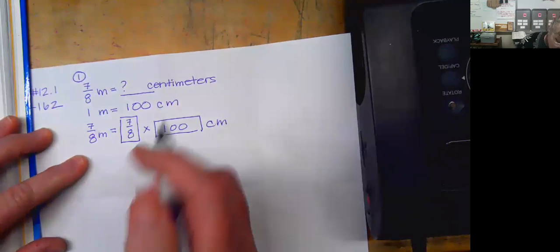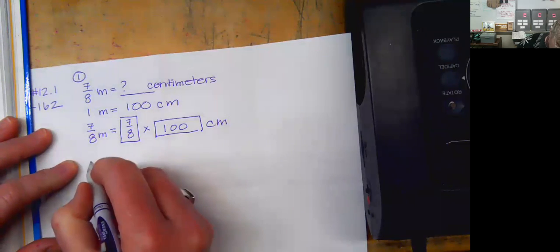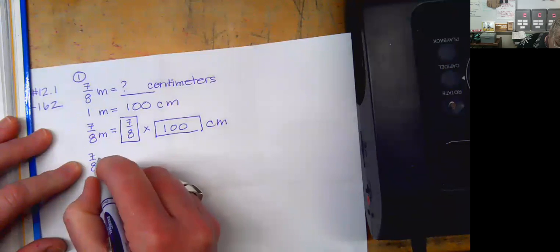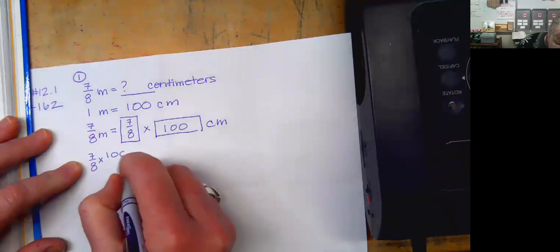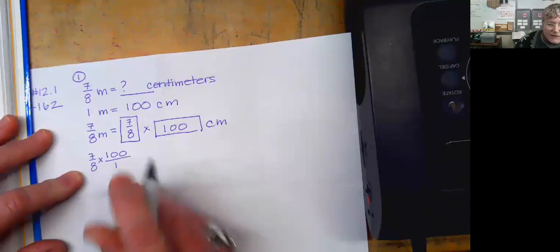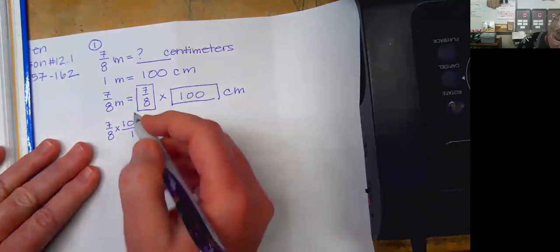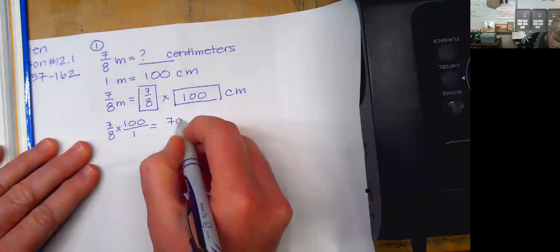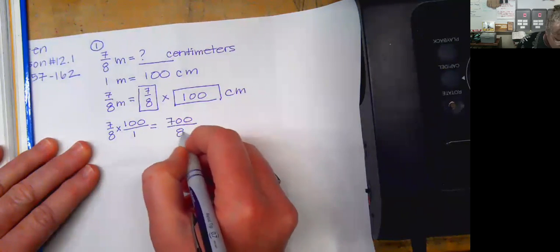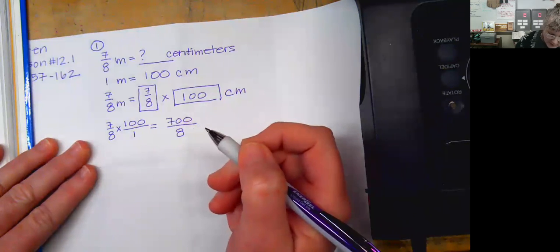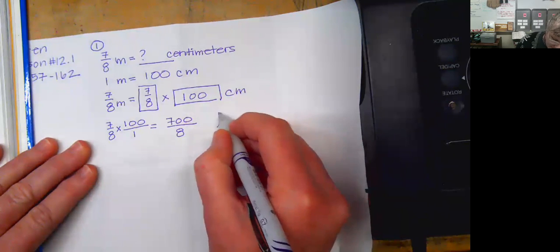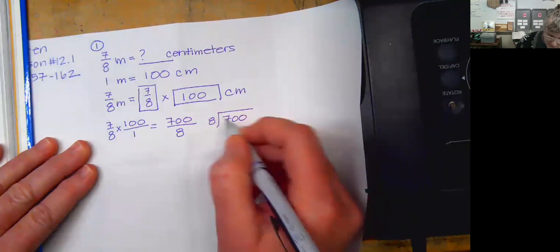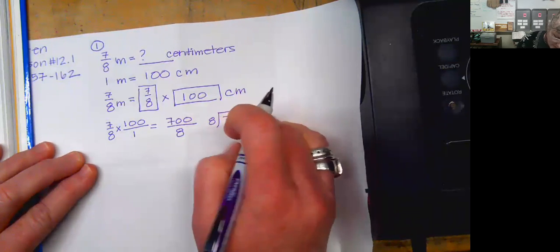And when we go ahead and do that, we end up with 7/8 times 100, which is the same thing as 7/8 times 100 over 1. And that's the same thing as 700 divided by 8. And that's the same thing as this. 8 won't go into 7.